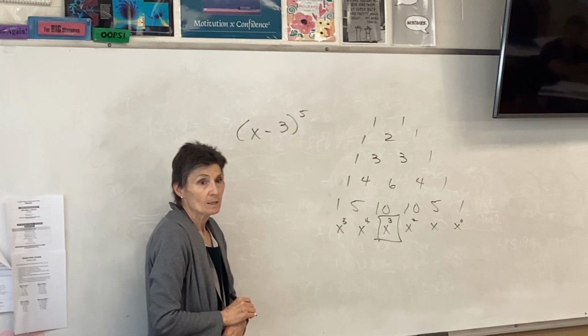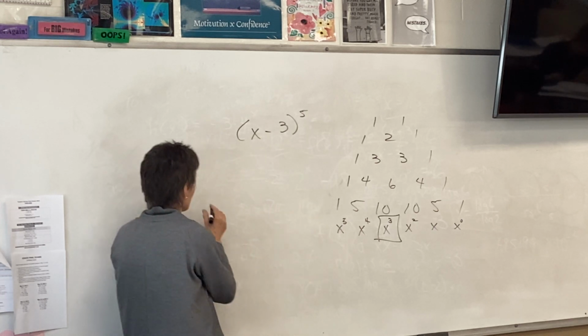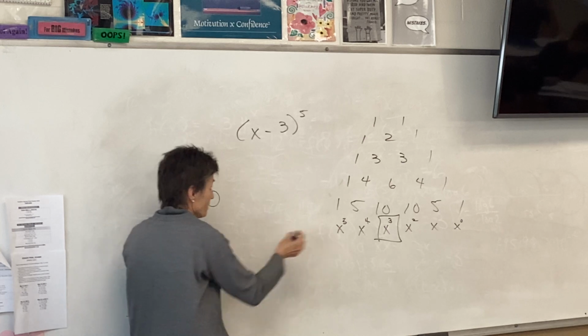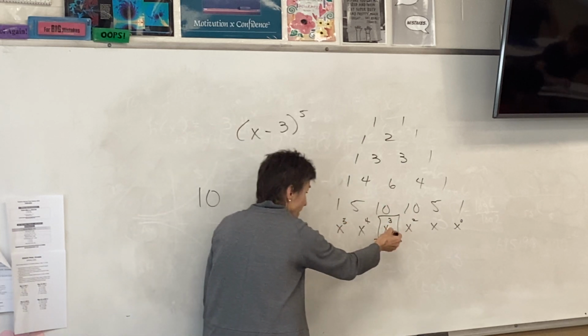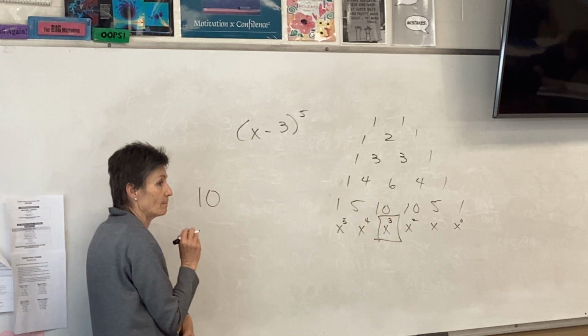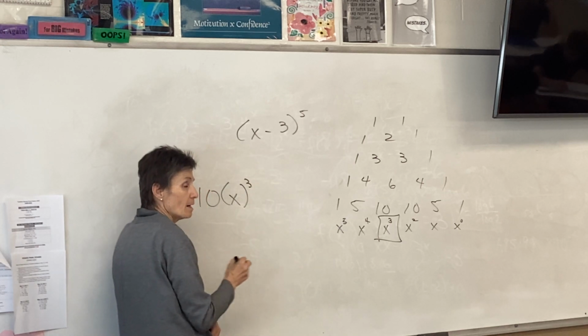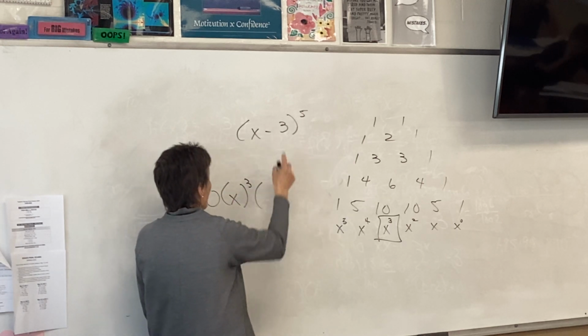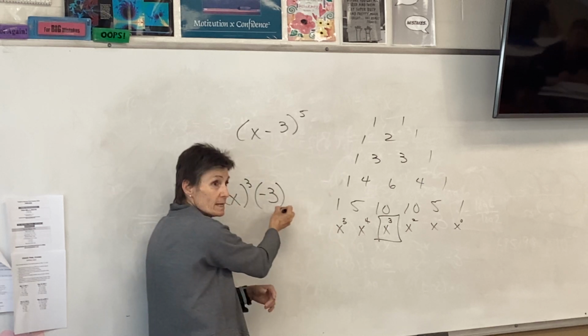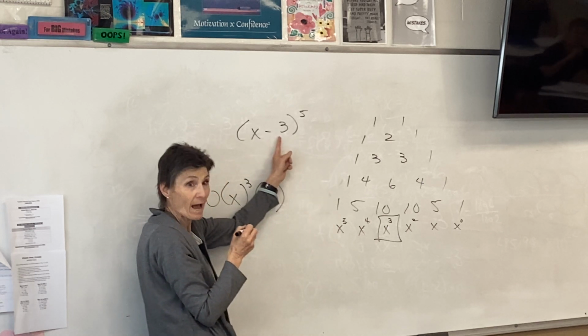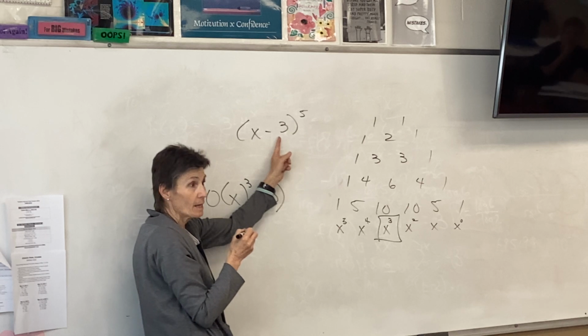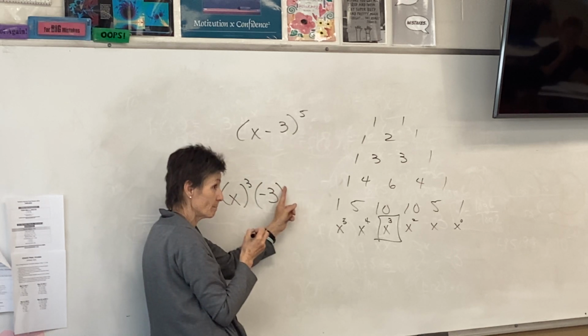Agreed? So the coefficient is going to be 10, because that's the coefficient that lines up with the term that I want. I know I'm gonna have my x cubed, but I'm also gonna have a negative 3, the other half of the problem, and it will be to what power?